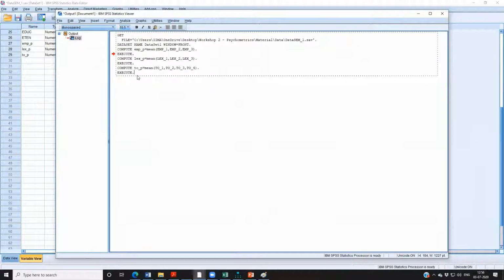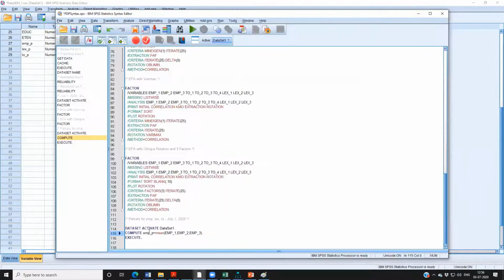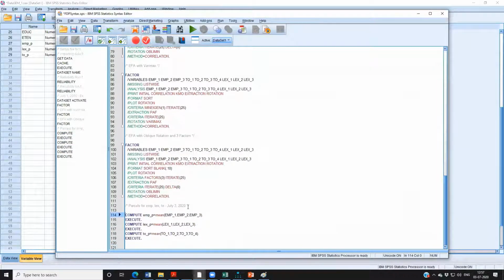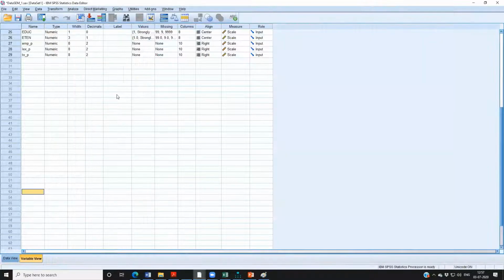Okay, and we will copy this into the syntax. This is my syntax for creating the parcel.